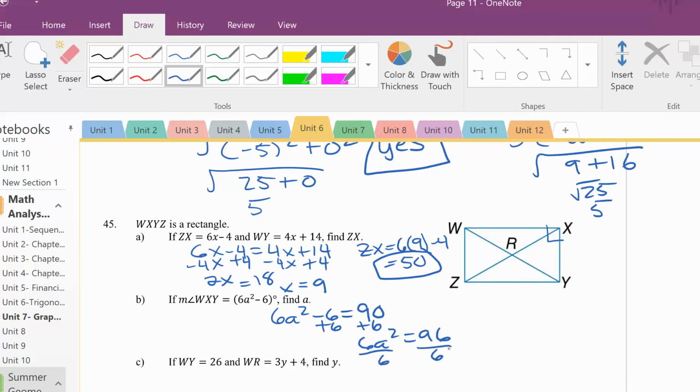Divide by 6, and you get a squared equals 16. Take the square root, and you get a equals plus or minus 4, but remember that in this case, the a can't be negative, so we'll just make it positive 4.